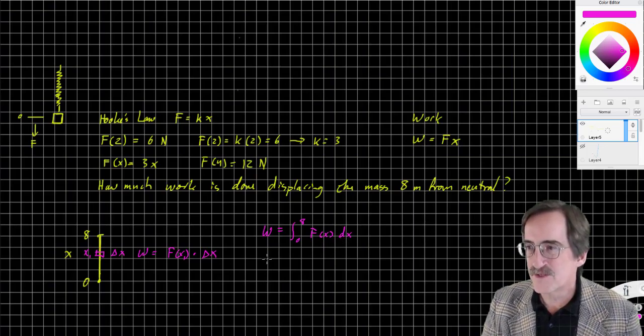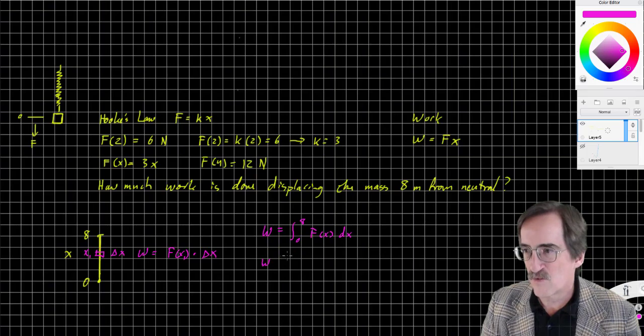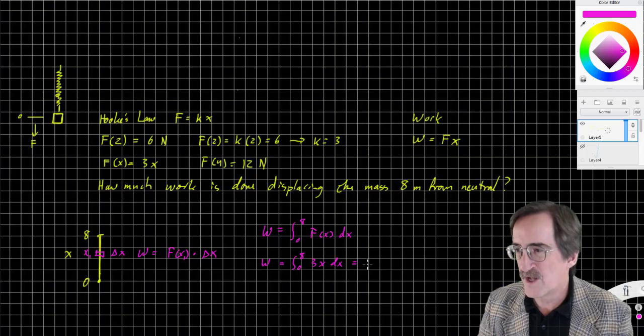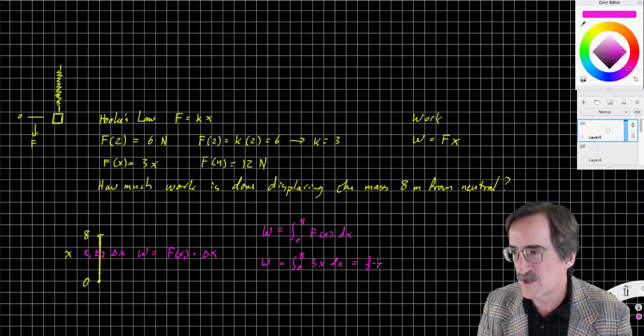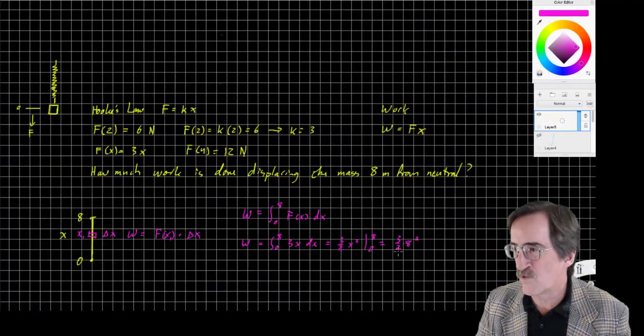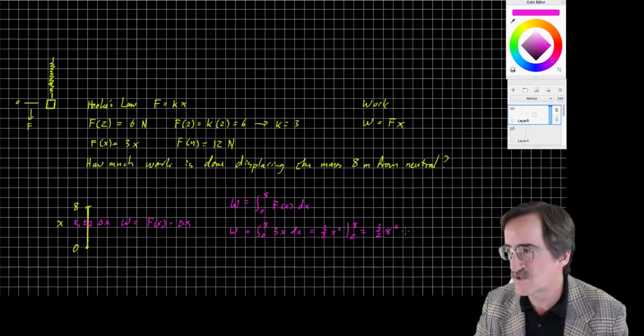Okay? And so let's solve the problem. The work done displacing it 8 meters is the integral from 0 to 8 of, in this case, 3x dx, which is 3x squared over 2, or 3 halves x squared, from 0 to 8, which is 3 halves times 8 squared. 8 squared is 64, divided by 2 is 32, times 3.